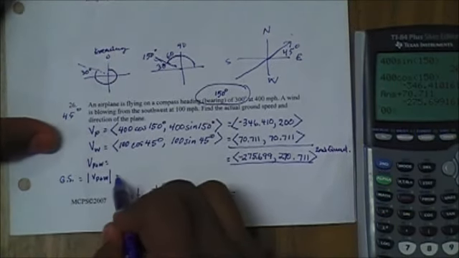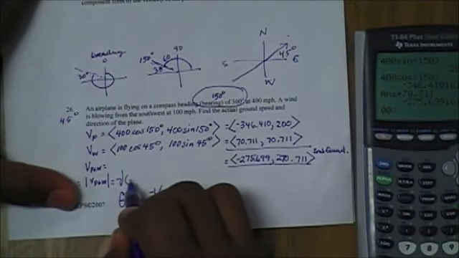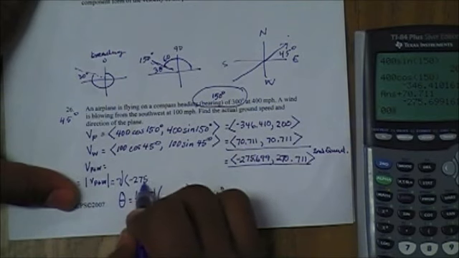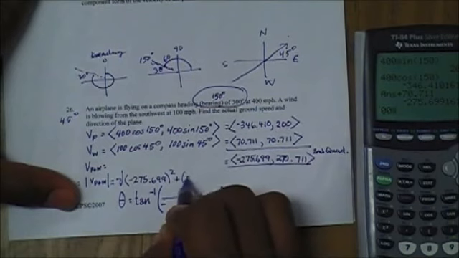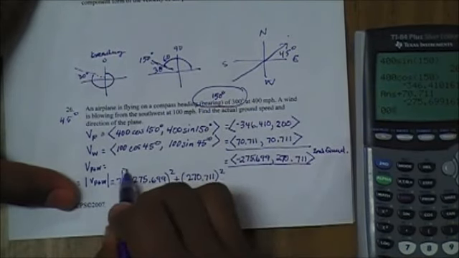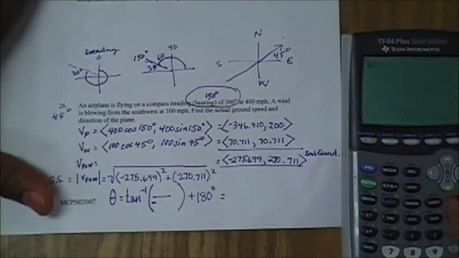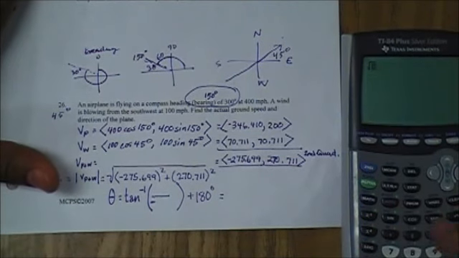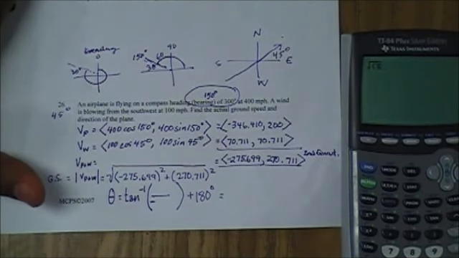We need to find the ground speed, which is your magnitude. So we've got parentheses, negative 275.699 all squared, plus 270.711 all squared, square root all that. I usually type it all in together. I know I saw some students doing it separately.